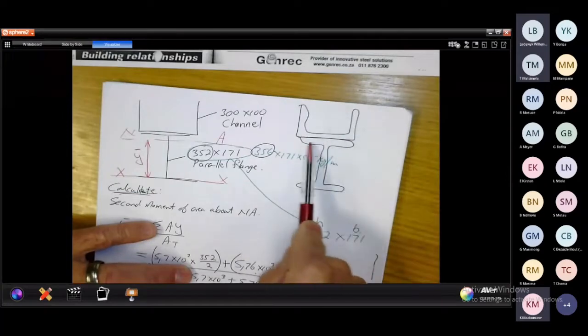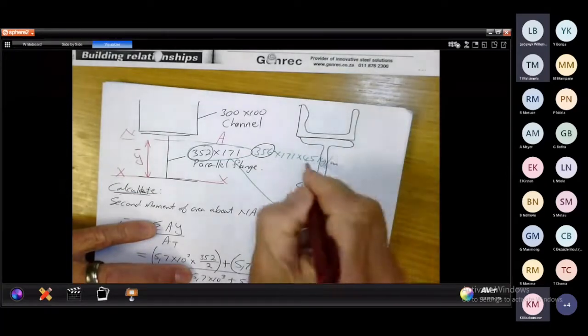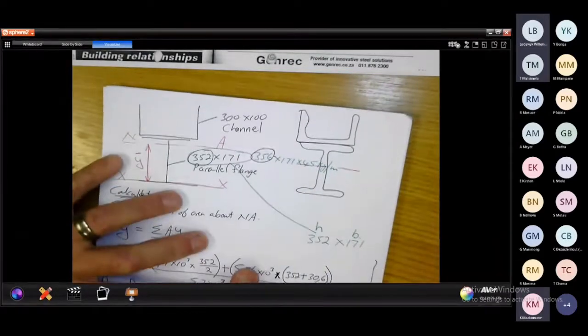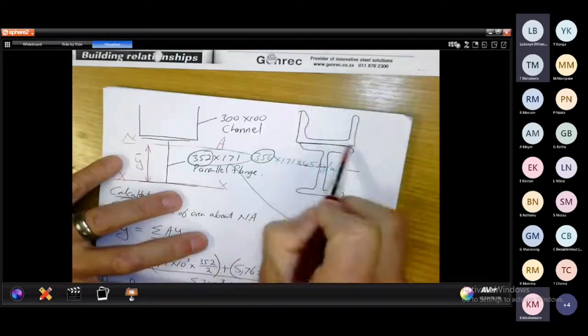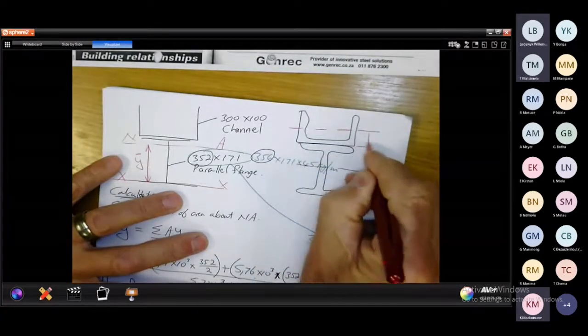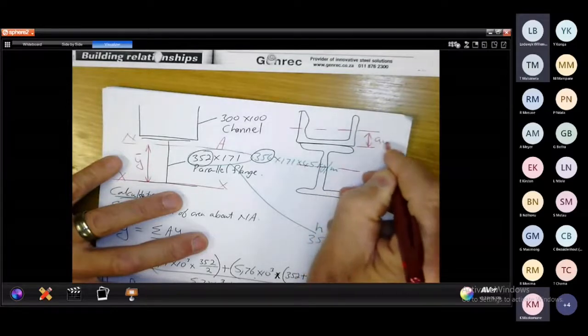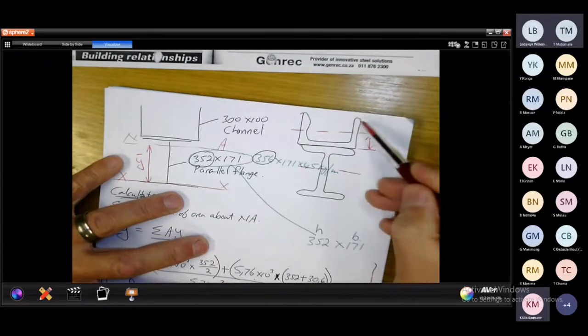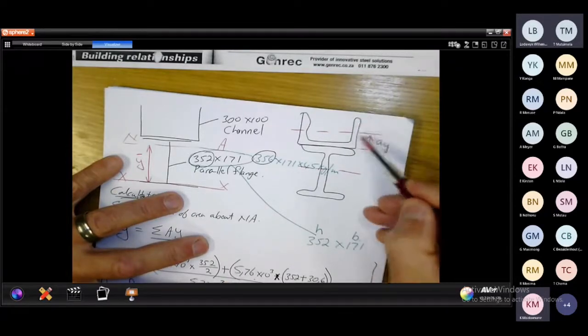For the I section, we know the centroid is right in the center. But if you check in your book, you will see if that channel is standing like this, my centroid is there, and this is where my distance AY is. Sometimes the guys take this whole length and divide it by 2.